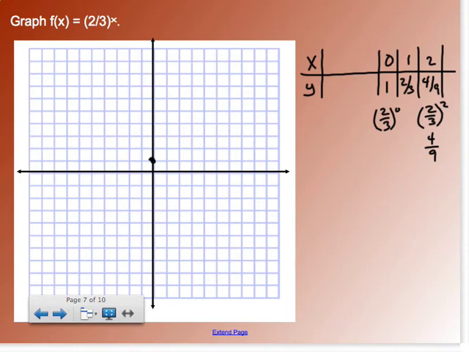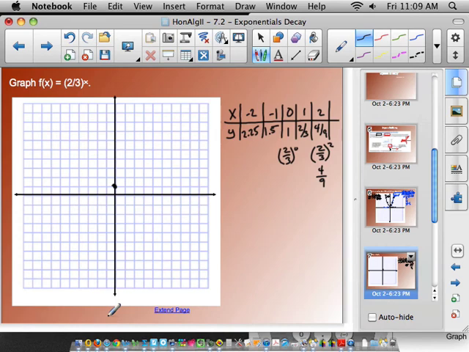Go the other way. If I plug in -1 and I plug in -2, if I plug in 2/3 raised to the -1 power, I think I get 1.5. And when I plug in 2/3 raised to the -2, I get 2.25. And again, just to ensure that you and I are on the same page, I'm going to bring up my calculator again to make sure that you're seeing the same thing I am.